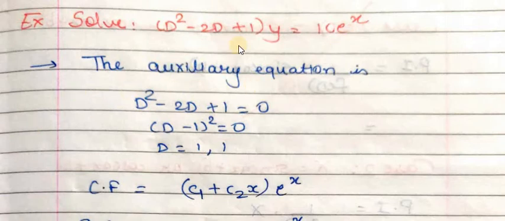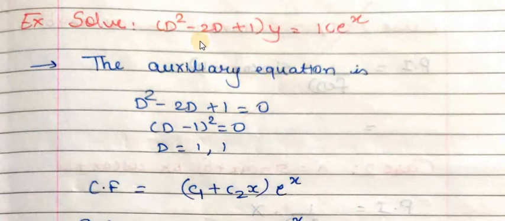Again you can see that this differential equation is of the form function of D y equals X, where function of D is D square minus 2D plus 1 and X is 10 e raised to 1x. So its solution will be y equals CF plus PI, where CF is the complementary function and PI is the particular integral. To find CF, we have to find an auxiliary equation.